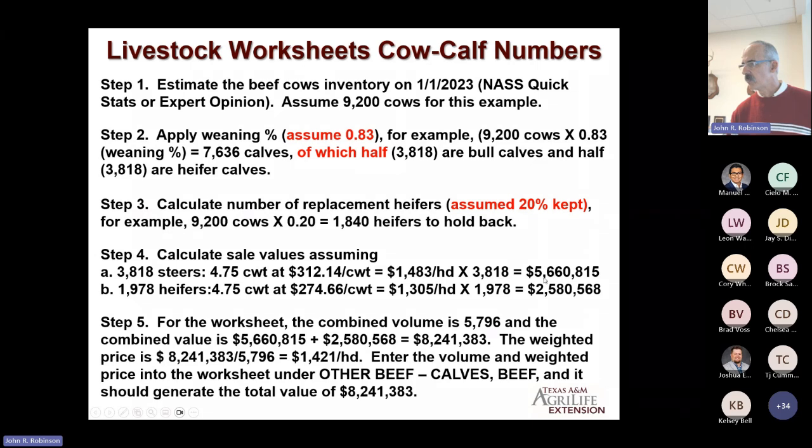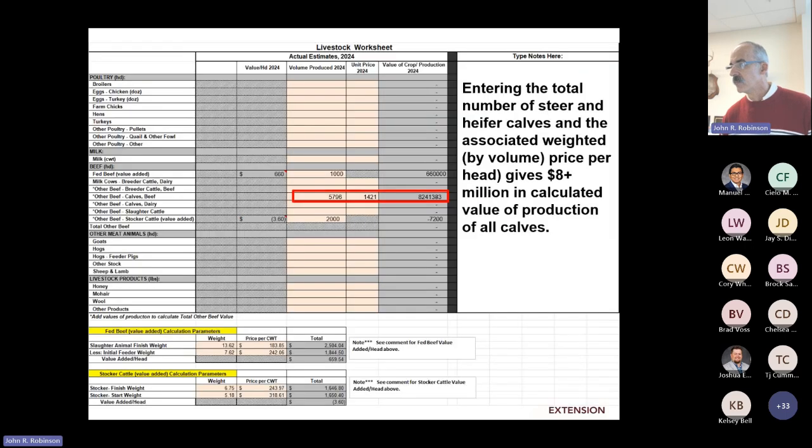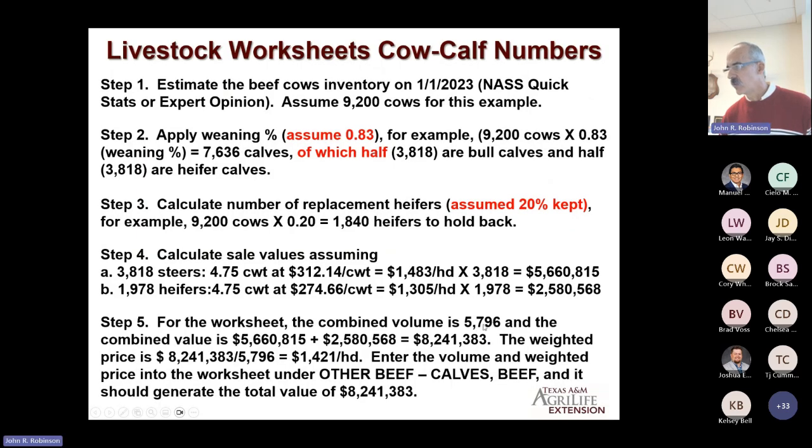You can calculate the value of them being sold, and it's 5.6 million for the steers and 2.6 million for the heifers. And you can enter that value on the worksheet. You can enter it by putting that 8 million there and sticking a 1 there, and it'll show up there. Or this is sort of a weighted value. This is the sum total of the heifers and the steers in this example: 3818 plus 1978 gives you 5796.